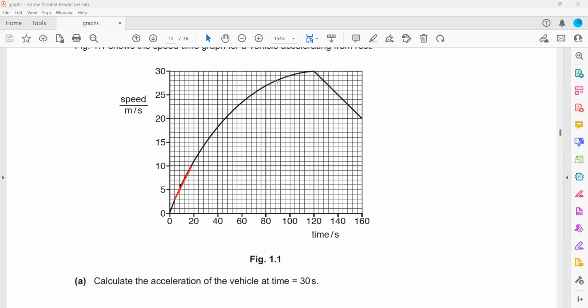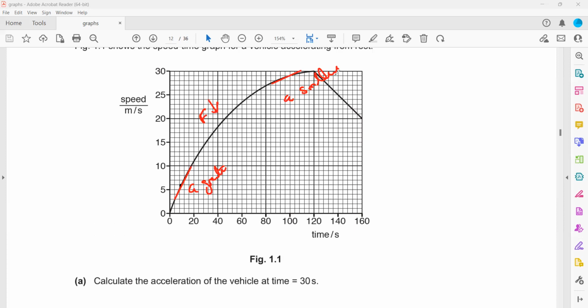So at 10 seconds, it will have a greater acceleration, and at 100 seconds, a smaller acceleration. If acceleration is decreasing, what happened to the resultant force? The resultant force will also decrease. Why does the resultant force decrease? Because the resistive force increases, so the resultant force will decrease.